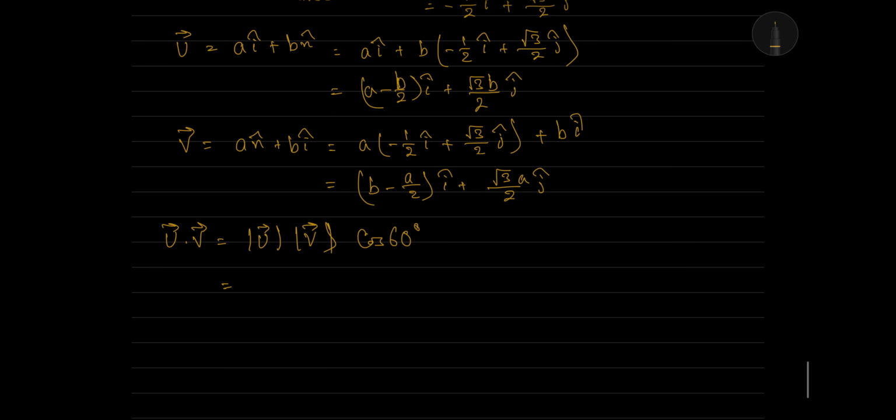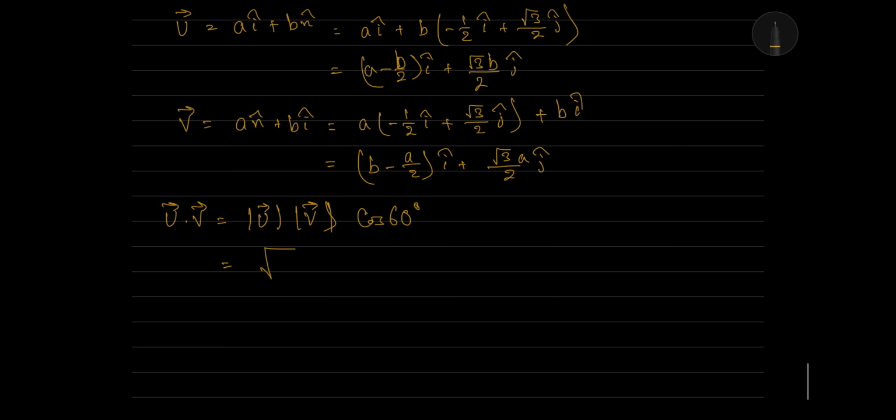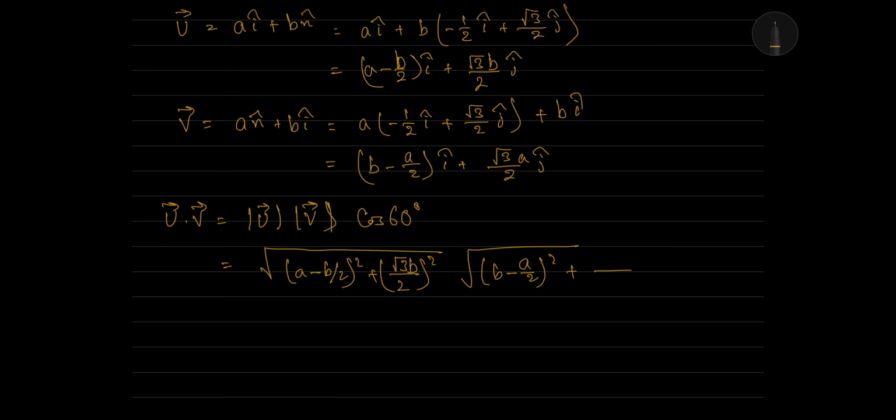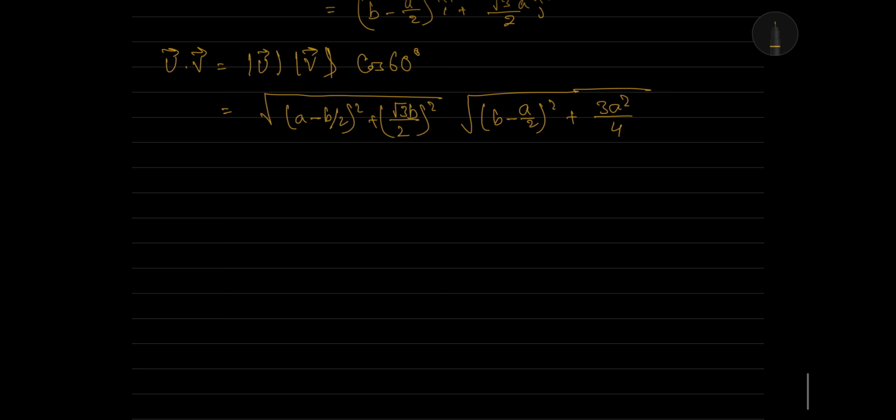Then from this, mod u will be a minus b by 2 squared plus root 3 by 2 b squared, into b minus a by 2 squared plus 3a squared by 4, into cos theta, that is cos 60 equal to half.